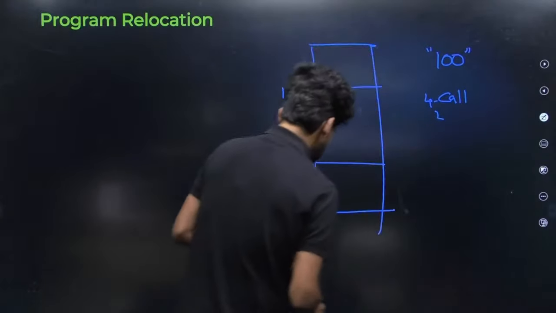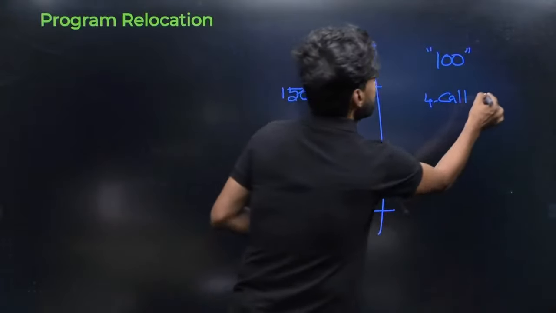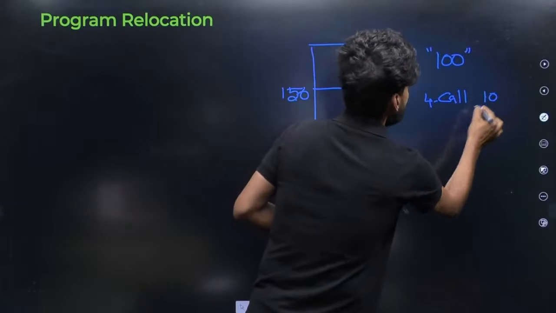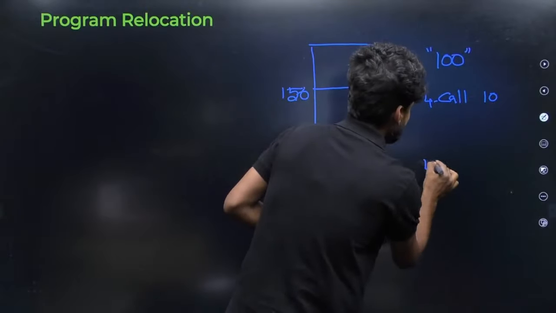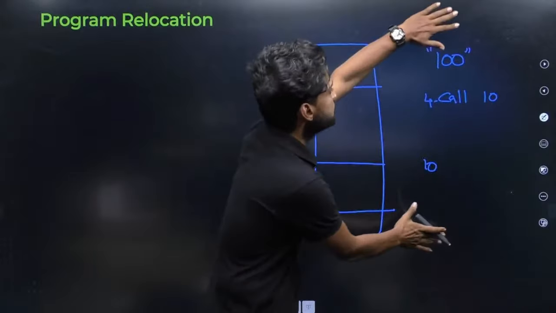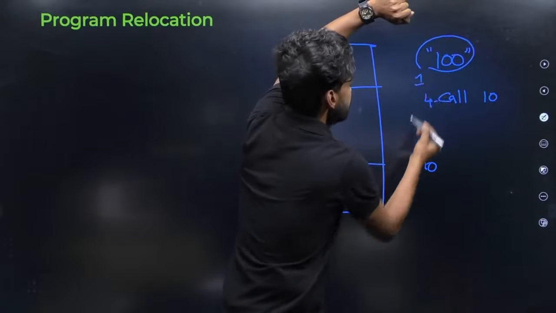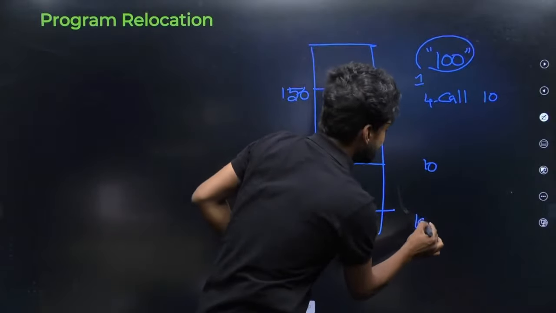Generally, you will write an address here to where you want to branch. But understand something. Stay focused. This is my program which has 100 instructions. My program starts from the first instruction and ends with the 100th instruction.